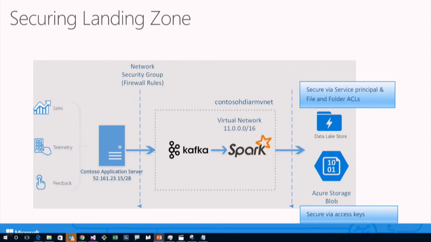So now, you don't have it open to the entire internet. It's secured via a VNet, and you've defined literally firewall, or stronger than firewall, network security group rules to allow only a single IP to come in over here.